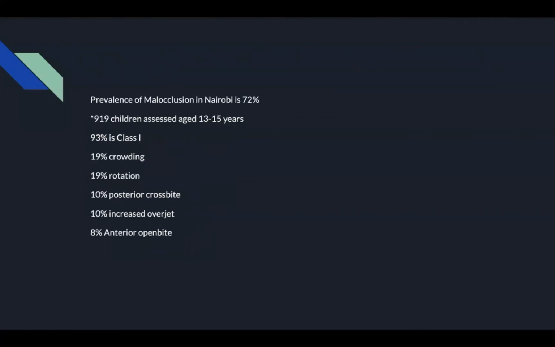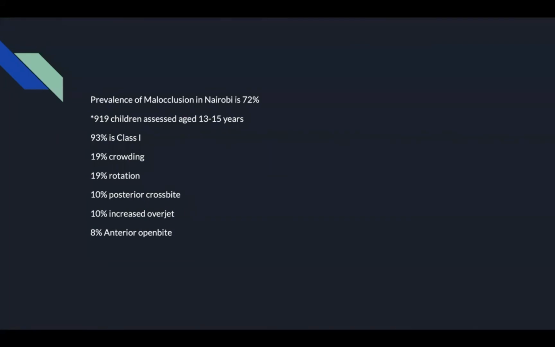So coming to the Nairobi population, which is very important because we live in Kenya, we need to know the prevalence of malocclusion in Nairobi, which is 72%. If 72% of the kids may have malocclusion, it means there is very high demand for orthodontics, okay? It's a big number, 72%.